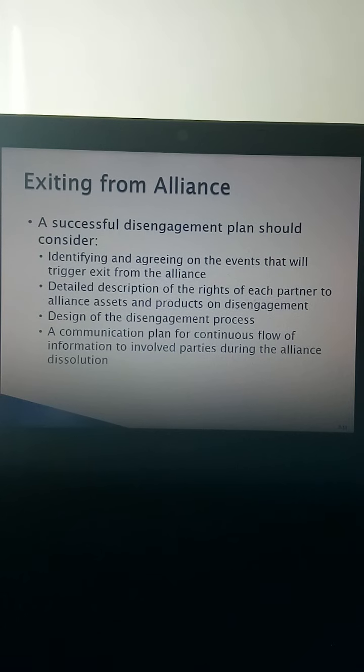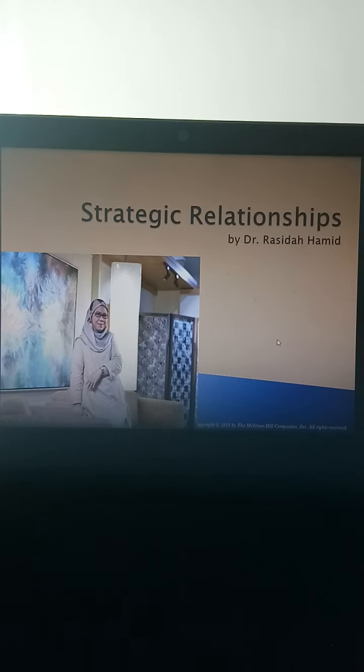Okay, failure risks and potential losses from failures should be given careful attention. Costs and processes of ending strategic relationship must also be considered during the exiting from the alliance. Okay. So that is the end of chapter 7 on strategic relationship.